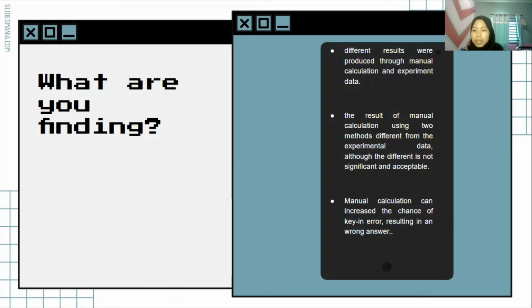Lastly, manual calculation requires students to enter each value one at a time, which may increase errors when we key in the data, and we can get the wrong answer.